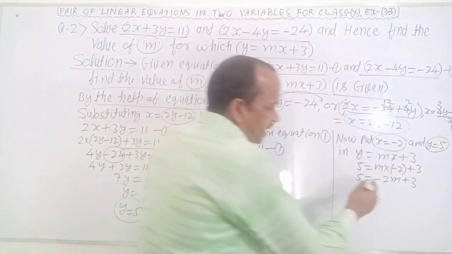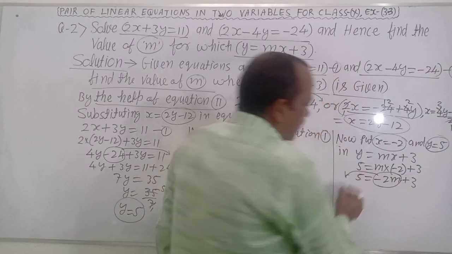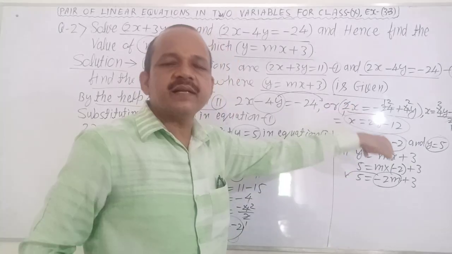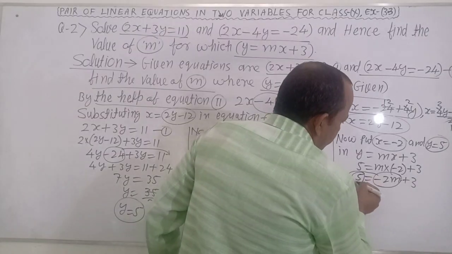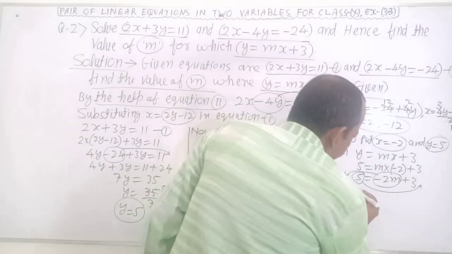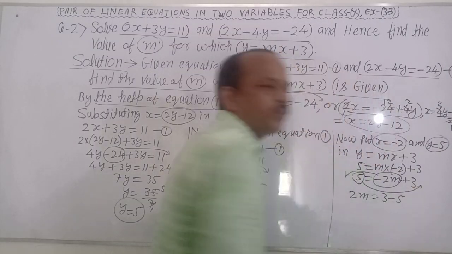Clear? You write 2m on the left side of equal and 5 on the right side of equal. It becomes 2m equal to 3 minus 5.